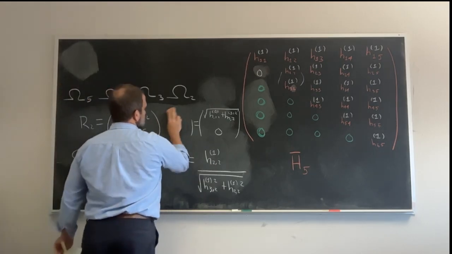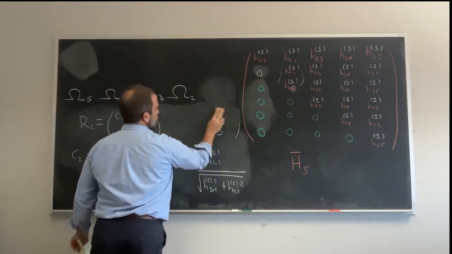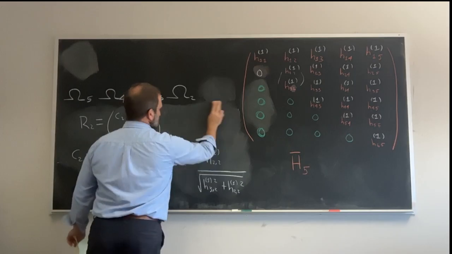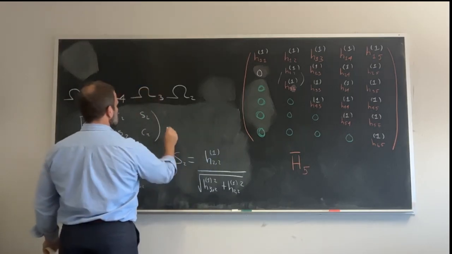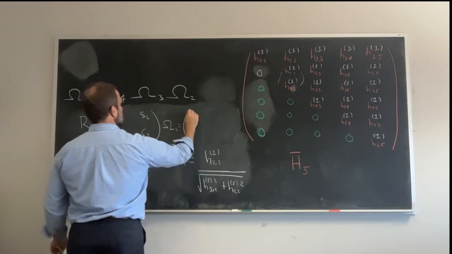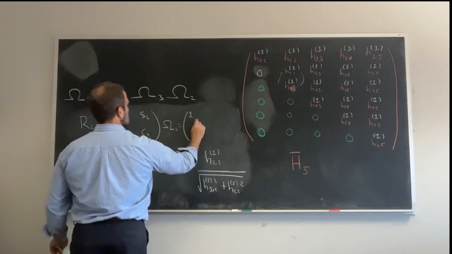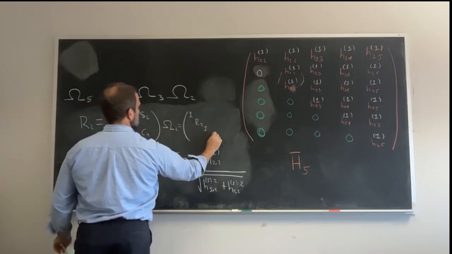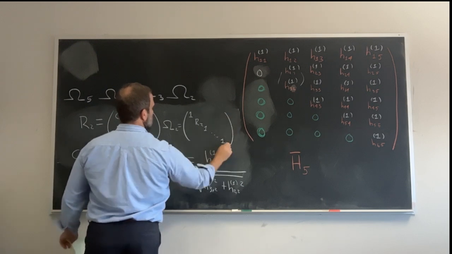So what is the matrix omega 2 going to look like? Omega 2 is going to have a 1, then R2, and then 1s going down here.